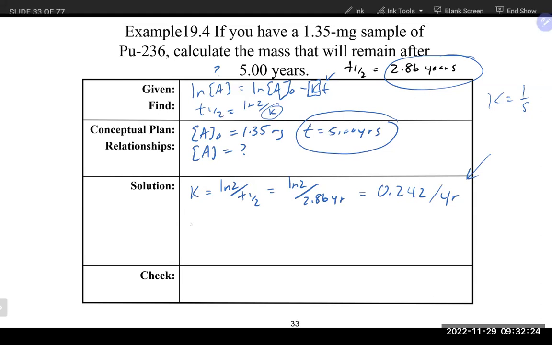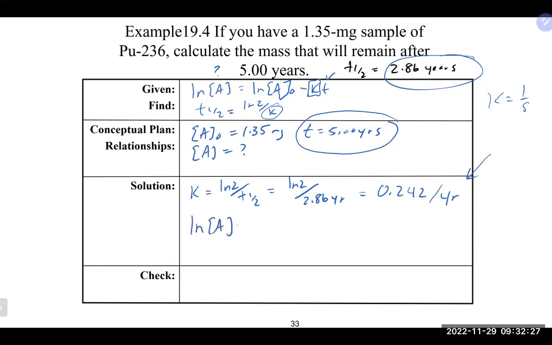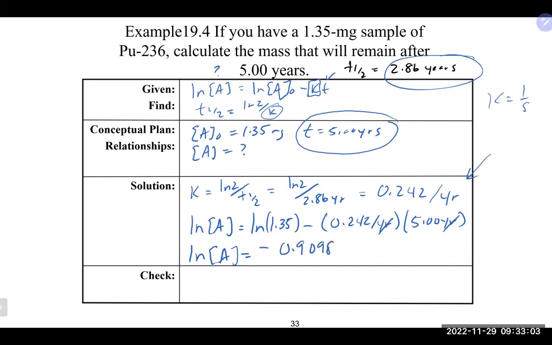That would then give us the natural log of A, which is what we're looking for, equals the natural log of 1.35 minus the decay constant we just calculated times our years, which will also cancel out because we have everybody in the same units. And if we clean up the right-hand side, natural log of 1.35 minus 0.242 times 5, we get something like negative 0.909895.